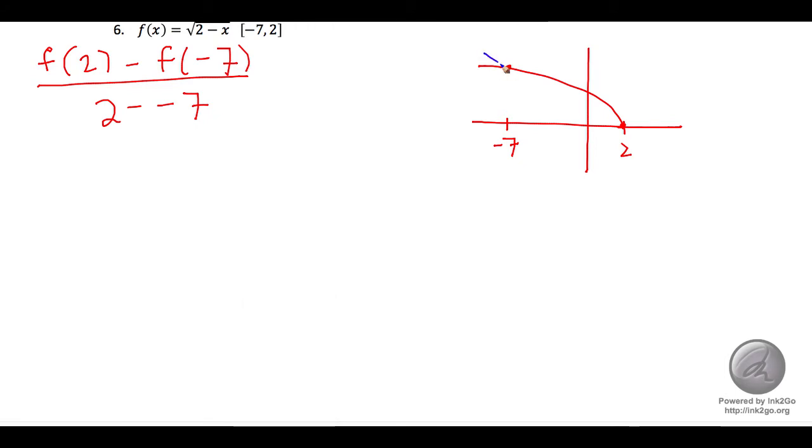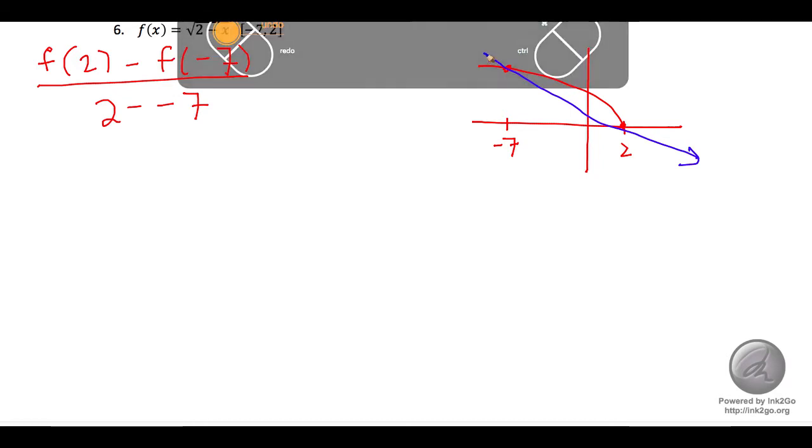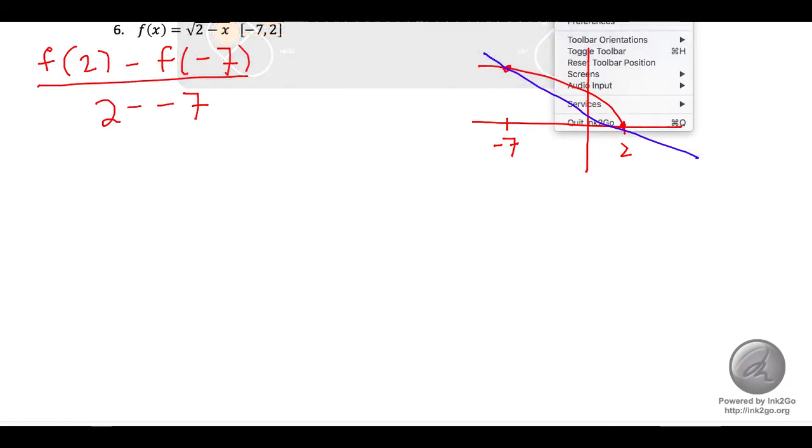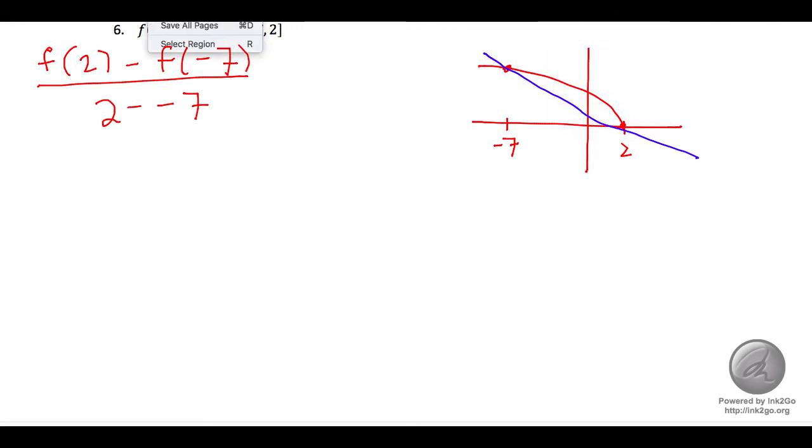So I'm going to draw this secant line that goes roughly through there. Now that is a terrible line. Let me see if I can get a better one. Alright, there we go. That looks a little bit better.